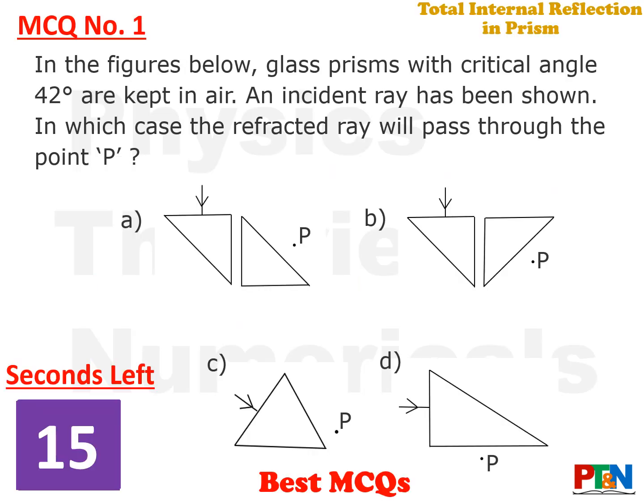The first MCQ. In the figures below, glass prisms with critical angle 42 degrees are kept in air. An incident ray also has been shown. Now in which case will the refracted ray pass through the point P? You have about 15 seconds for this MCQ.